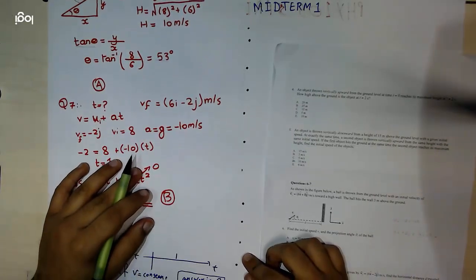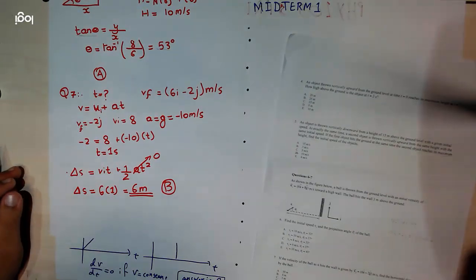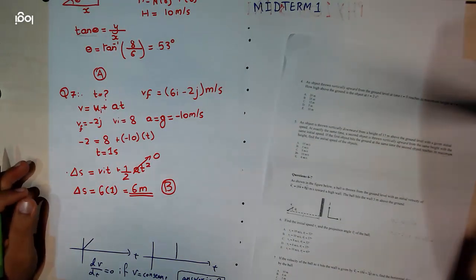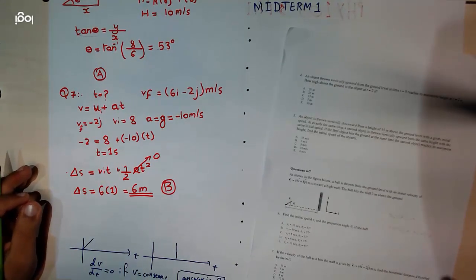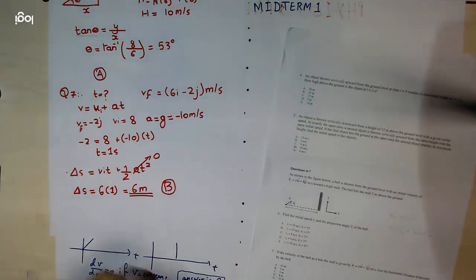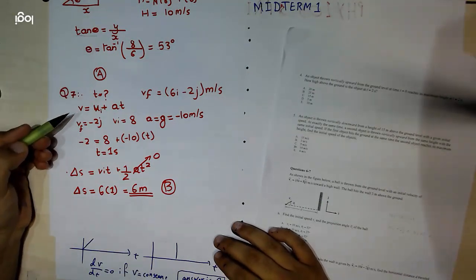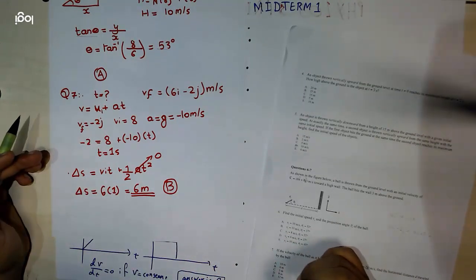So now we are going to shift to question 7. Question 7 is, if the velocity of the ball as it hits the wall is given by the vector 6i minus 2j meters per second, find the horizontal distance d traveled by the ball. They have given us the height, that's 3 meters. We're going to find now the distance covered by the ball. This is a very easy question.